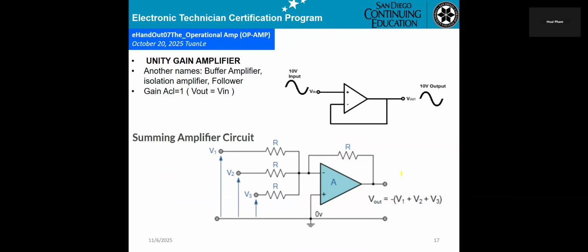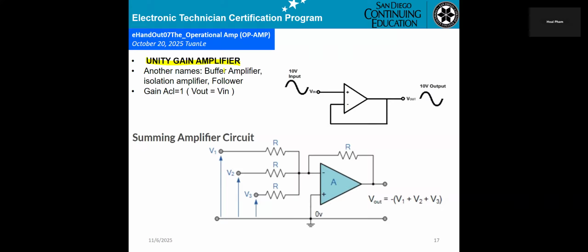Okay, now next amplifier: unity gain amplifier. If you see the circuitry connected in a way that directly connects the output to the negative input, that will be unity gain. That means the gain equals what?